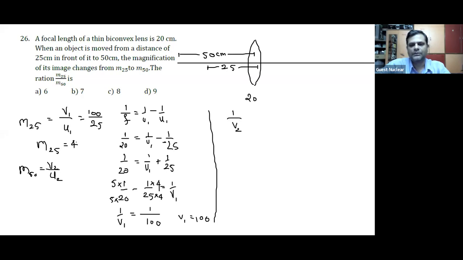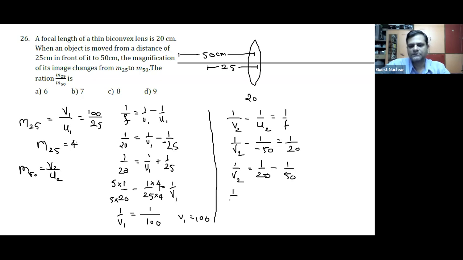So 1 upon V2 minus 1 upon u2 is equal to 1 upon f, where 1 upon v2 is to be found out, minus 1 upon u2. u2 is already given to be 50 centimeter here. So it will be minus 50, and that is going to be equal to 1 upon 20, so that 1 upon v2 becomes equal to 1 upon 20, and this plus 1 upon 50 goes that side, so that it becomes minus of 1 upon 50, right?